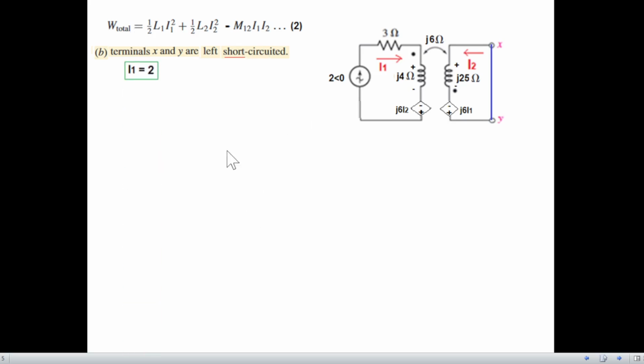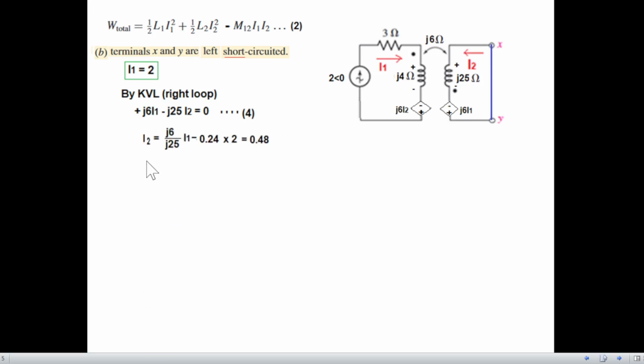So for I2, I1 is 2. So for I2, we'll just write the equation for the right loop, and if we start going from here, plus j6 I1. Then there is a minus sign here because the current, we know wherever current enters that becomes positive, the other side is negative. So minus j25 I2 equals, since there is no voltage source, equals 0.